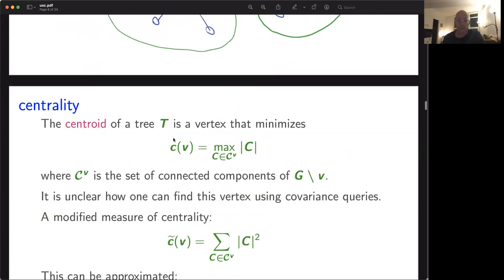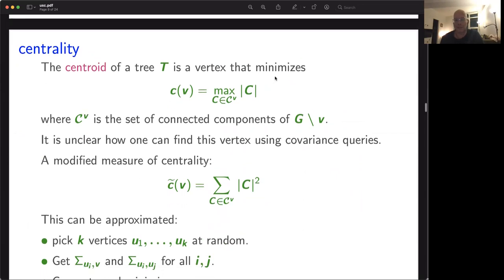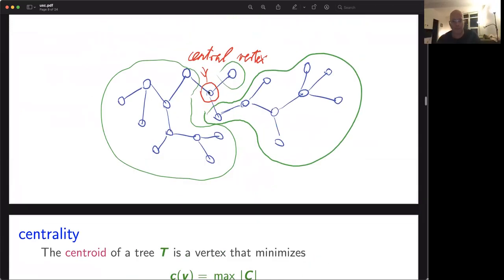However, the centroid is just the vertex that minimizes the maximum, the size of the biggest subtree. For a vertex, we have these subtrees, and the centroid is the one that minimizes the largest of these. For example, if we have a leaf, then there's one subtree that contains almost all vertices except for this one, so that would be a very large subtree.